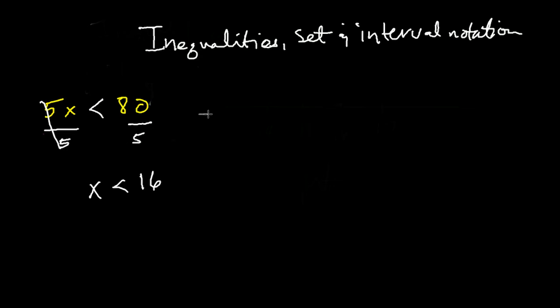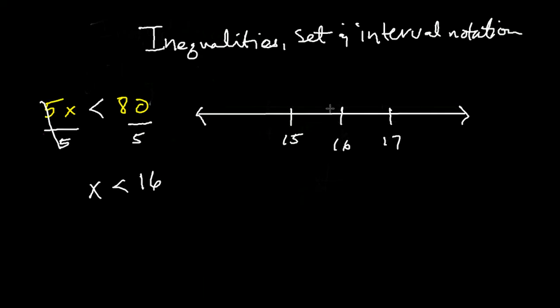So let's take a look at another number line, with 15, 16, 17. Instead of saying that this exact spot here is x, we can now say any replacement value for x occurs below this 16, whether it's a whole number, an integer, a rational number, or an irrational number.